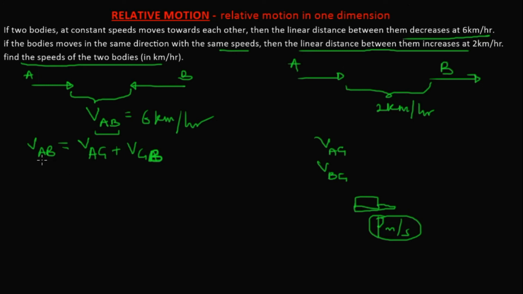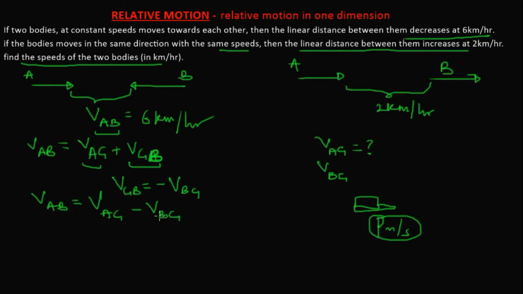It goes from A to B, through G. The velocity of the ground to the body is the negative of that of the body to the ground. So of course that means velocity of AB will be velocity of A relative to the ground minus velocity of B relative to the ground.